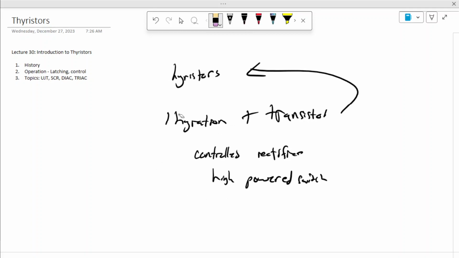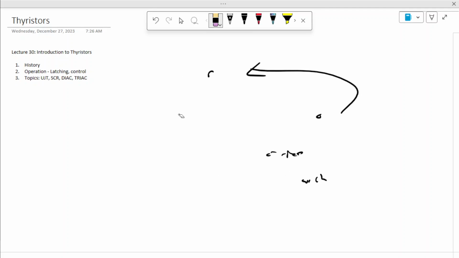So we see thyristors used in a lot of different applications, and in particular, they can give us really high-powered ability to control high-powered circuits, and they give us the ability to control whether we want to activate a rectification or not.